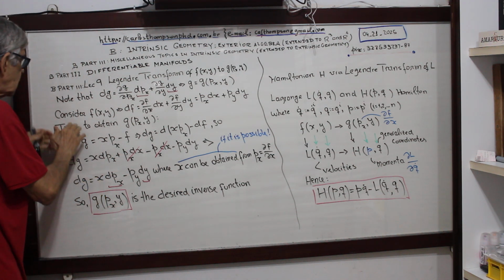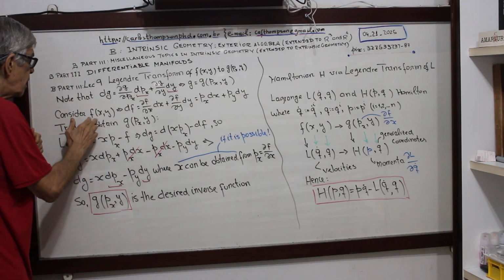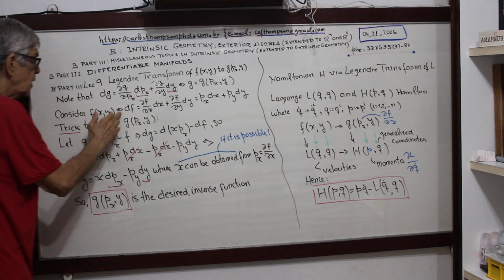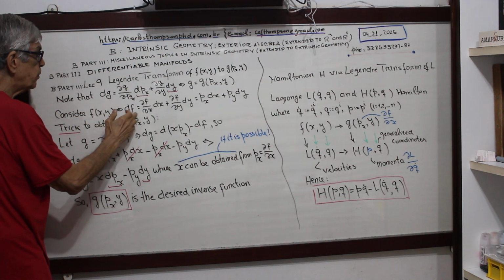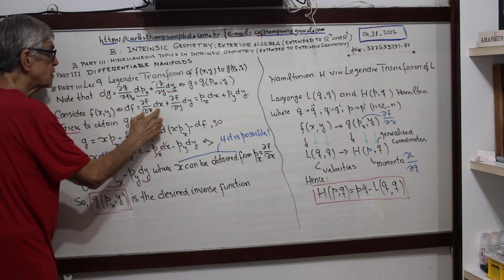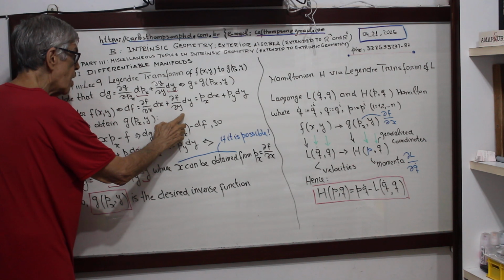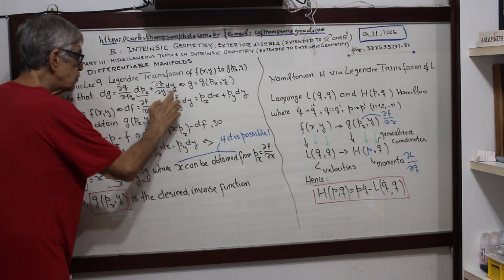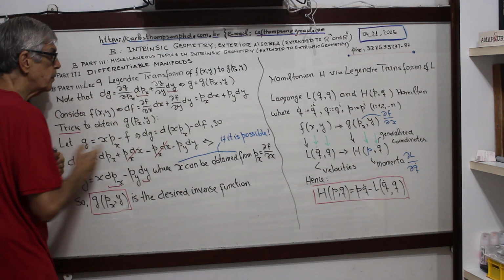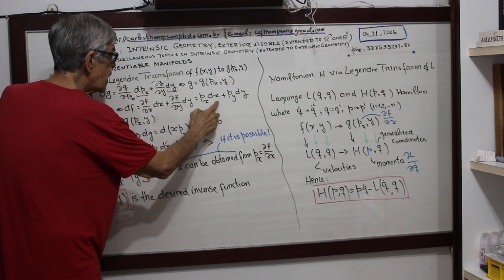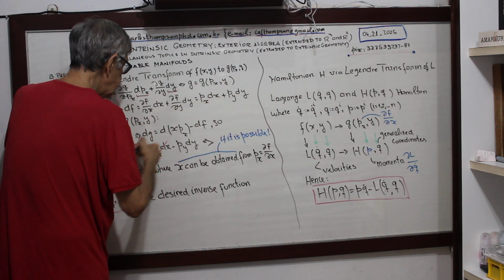So let's consider f of x and y. The differential of f is the partial of f with respect to x, dx, plus the partial of f with respect to y, dy. So this is px dx plus py dy.